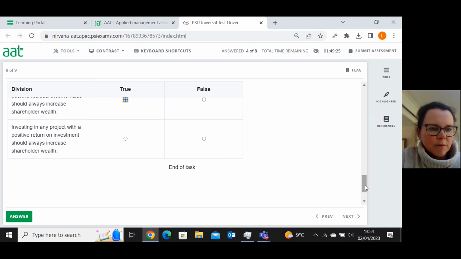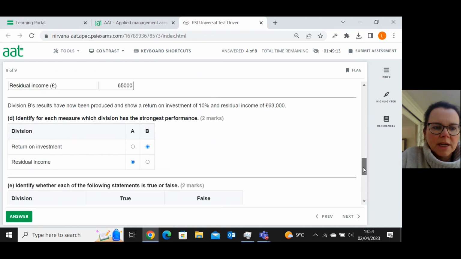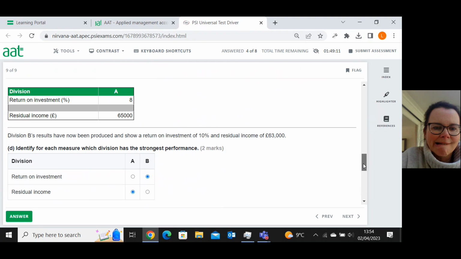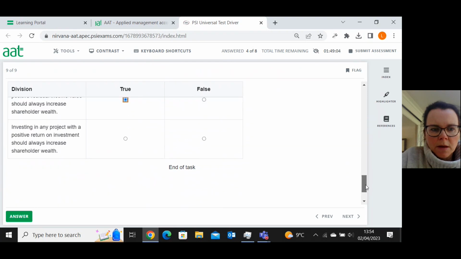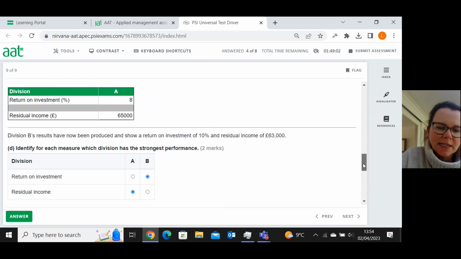Investing in any project with a positive return on investment should always increase shareholder wealth. So return on investment. A positive return on investment, well, you could have a return on investment of 1%, which is positive.